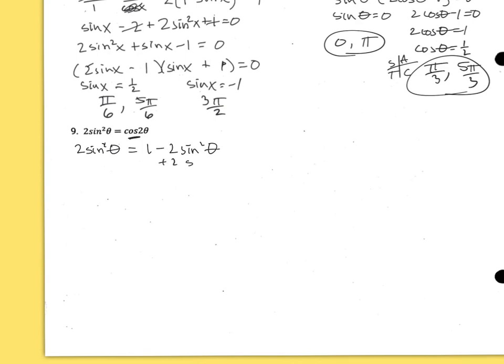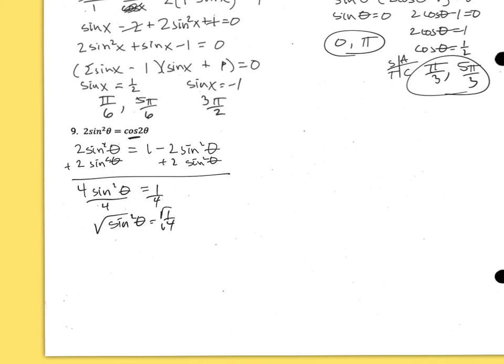So we're going to add 2 sine squared. All right, they're like terms, so we get 4 sine squared theta equals 1. Divide by 4. So sine squared of theta is equal to 1/4. Now we take the square root.